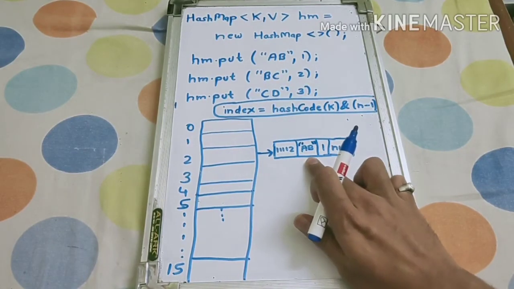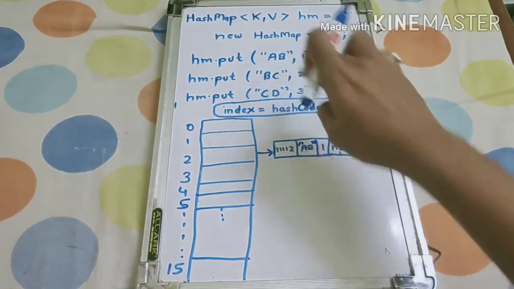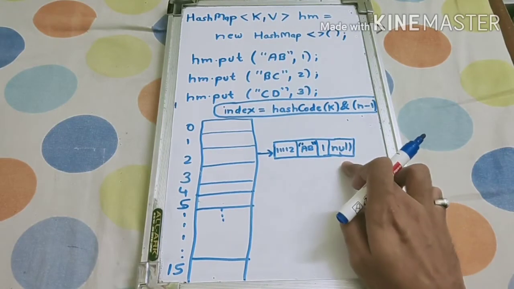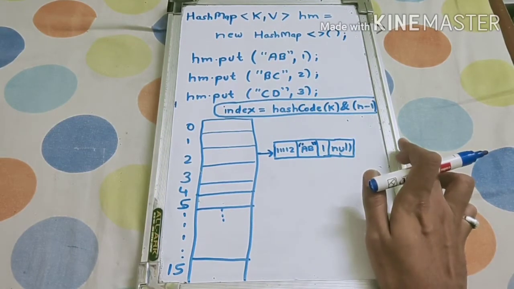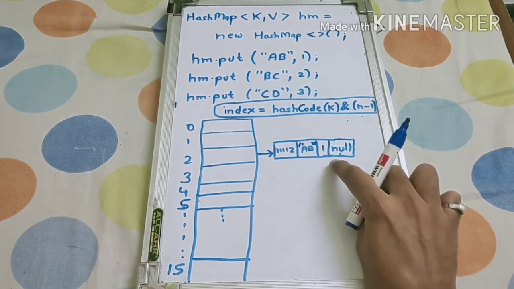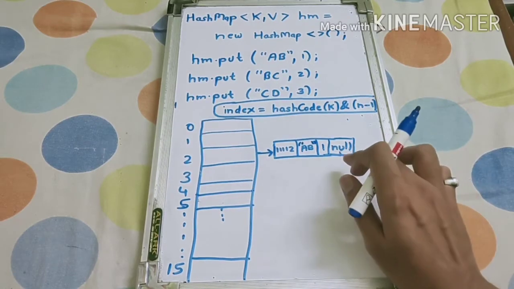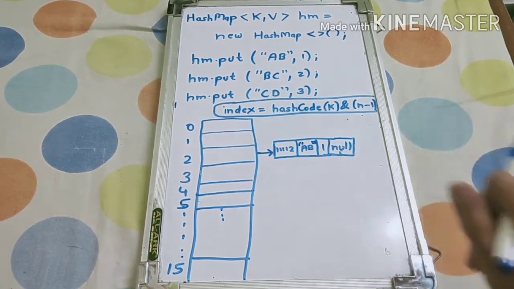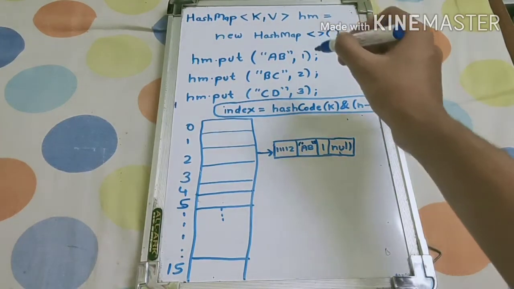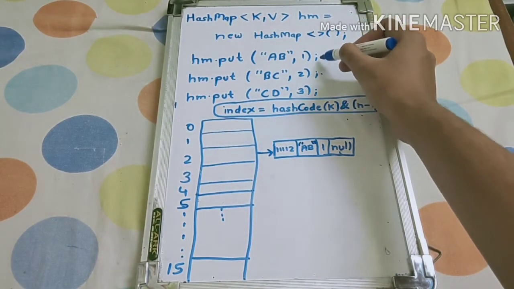Then the key, then the value, and the fourth will be null, as there is no extra node attached to this node.